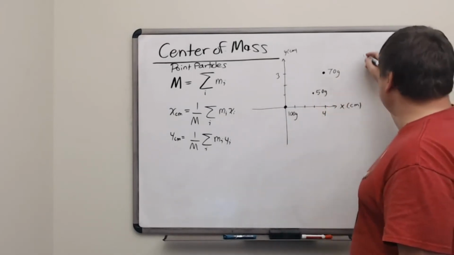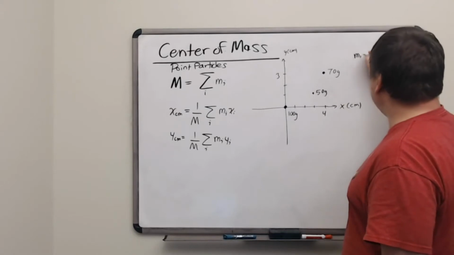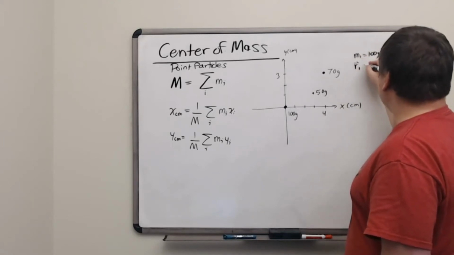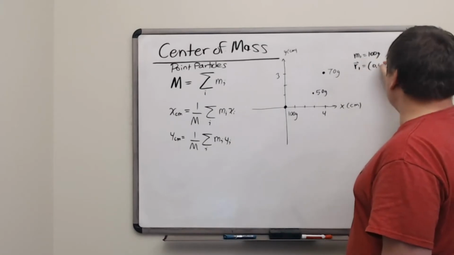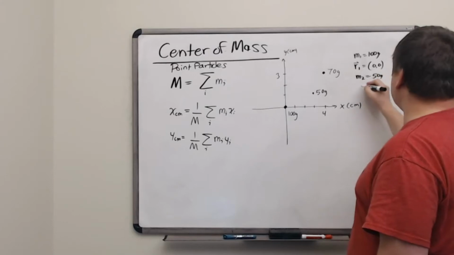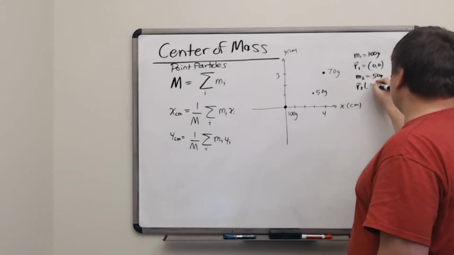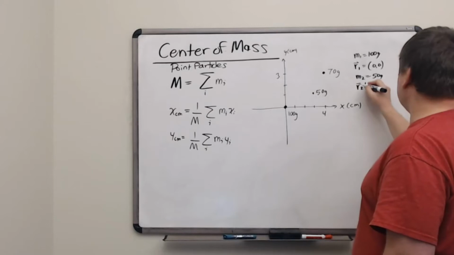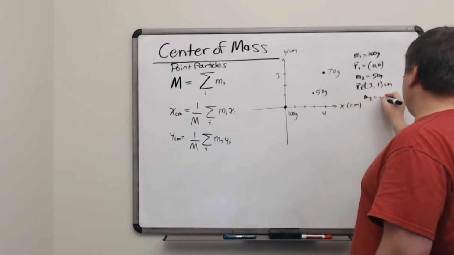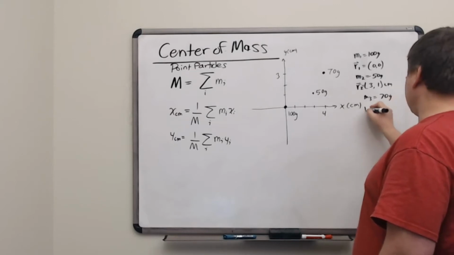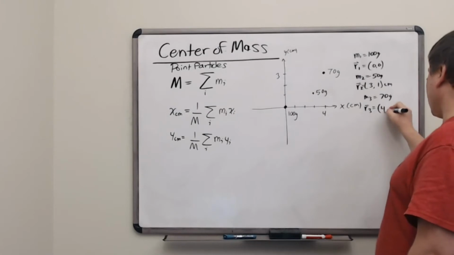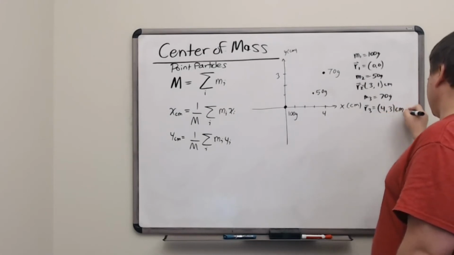So we might describe this system by saying m1 equals 100 grams. Position 1 is 0, 0. m2 is 50 grams. Position 2 is 3, 1 in centimeter units. m3, 70 grams, and r3 is 4, 3 in centimeter units.